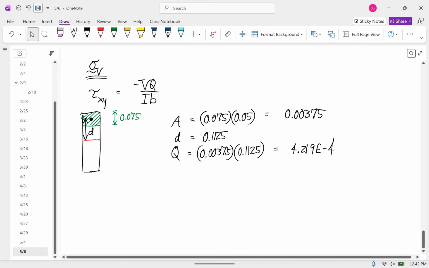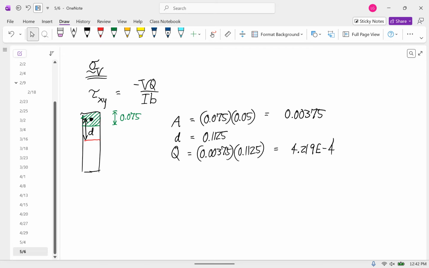These from the center of the area to the neutral. Yes, from the neutral axis to the centroid of the area, exactly.